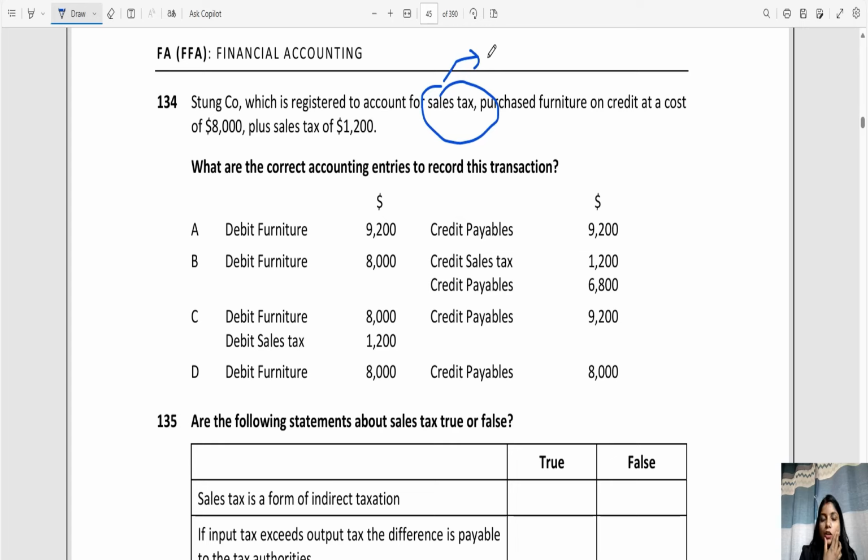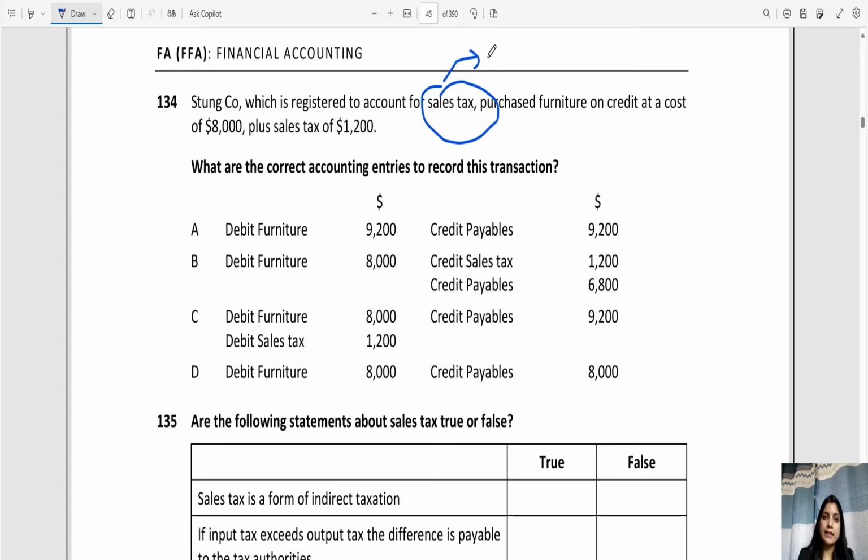Sometimes the question doesn't indicate the terms input or output or purchase tax. Instead of that, they use the word sales tax in the whole transaction of sales and purchase. So you need to identify: if I am charging the tax during my sales, it's my output tax and that needs to be paid to HMRC.